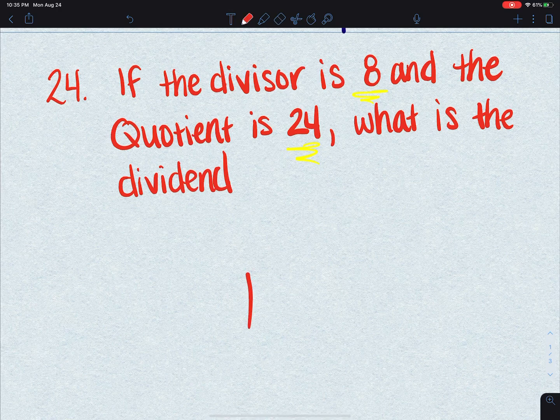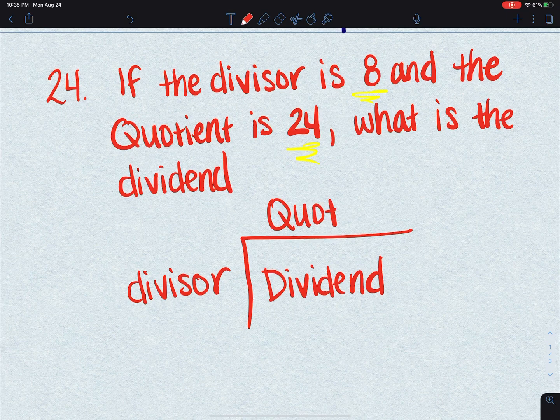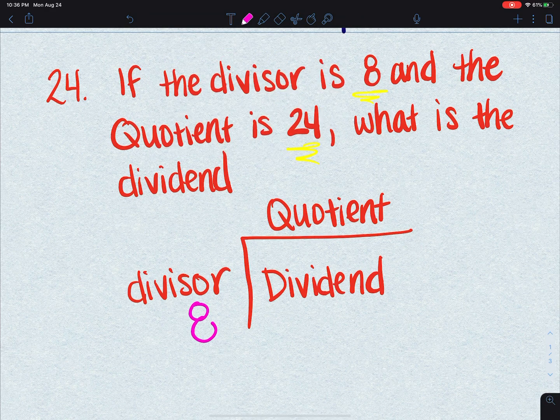And the way to figure out this problem is to remember what those words mean. So if you're looking at a division problem, you've got the dividend in here. And you have the divisor out here. And the quotient is the answer. Remember that now? Okay, so if the divisor is 8, then 8 is going to go here.